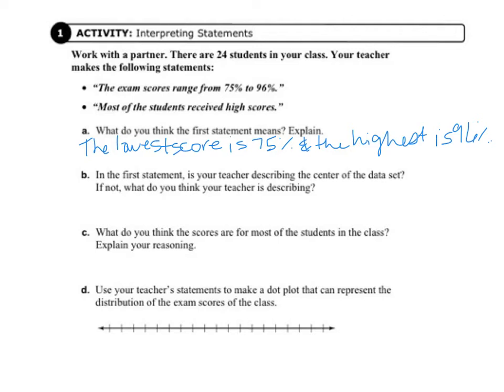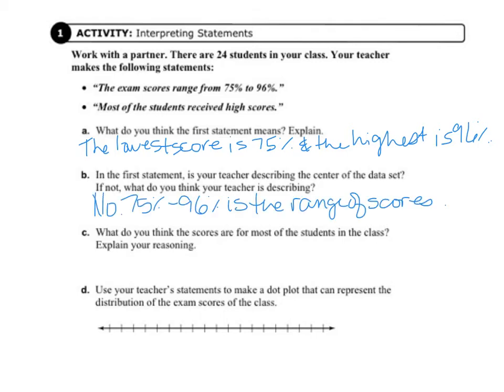Since the teacher is saying that the scores are at 75% at the lowest and 96% at the highest, that's not the middle. Those scores are at the ends. So that would be the range of scores, or how the scores are spread out.